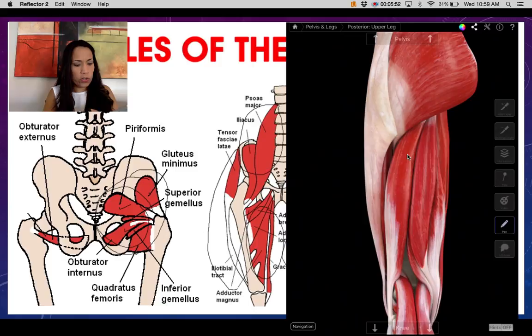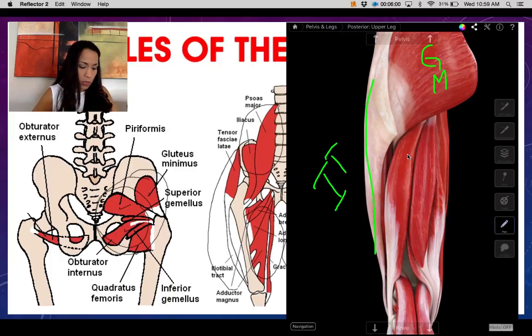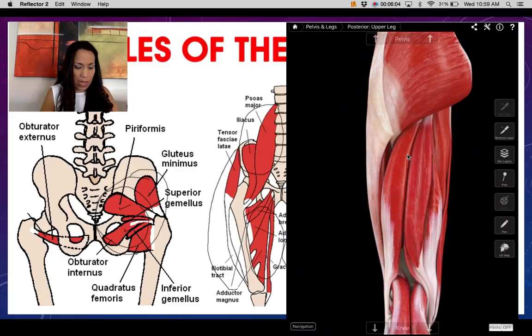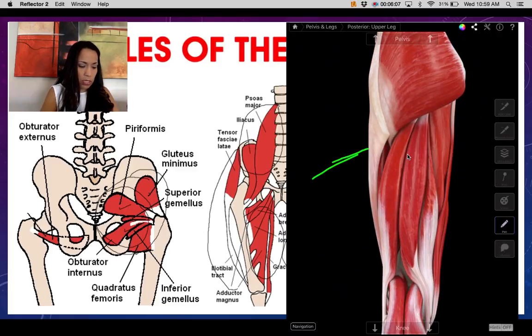Let's look at the back, the posterior surface, okay? In the posterior surface, again, I can see gluteus maximus, the IT band. I can see the hamstrings. So remember, next to the IT band, which is this one, I'm going to see the biceps femoris. Now, which one?